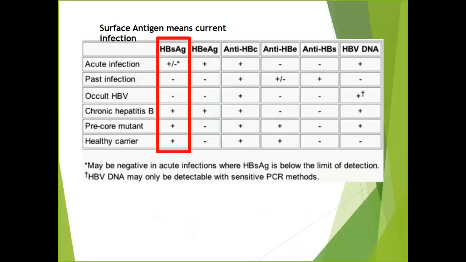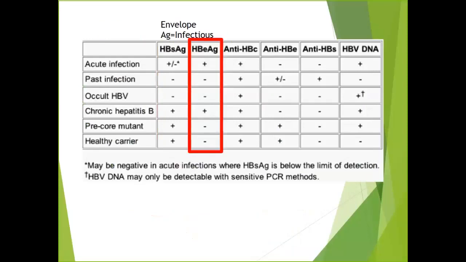And then this is just kind of a quick and dirty look at how to look at the tests or the serologies and interpret. Again, surface antigen indicates infection. Okay, if it's there, it's either acute, it's chronic, or it could be somebody who's a healthy carrier or a precore mutant. All right, envelope antigen, that indicates infectivity. Okay, and when you're treating a patient who has hepatitis B, it'd be nice to see this envelope antigen flip over to envelope antibody, that indicates that you have treated and you're controlling the infection.